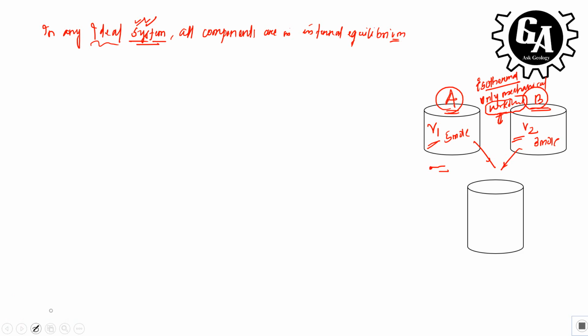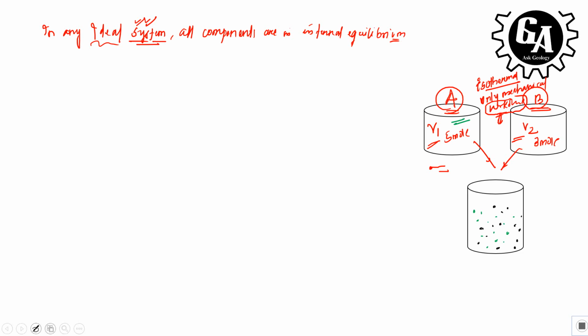For A I am using green. These are the molecules of A in the mixture. And for the volume B, these are the molecules of B, these are black, in the mixture.